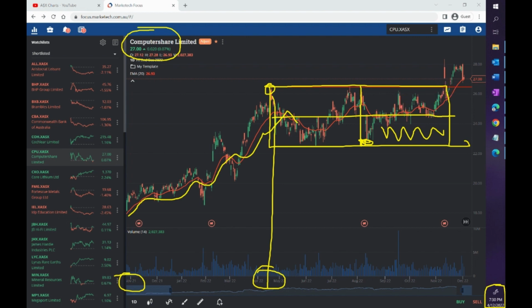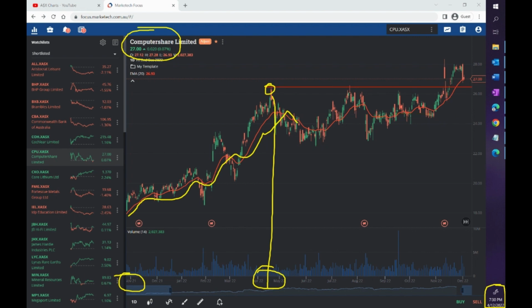For me, it signifies a forward and upward momentum, and that's what caught my eye, especially in the last few days, when I see that drop, which we'll analyze in a while.